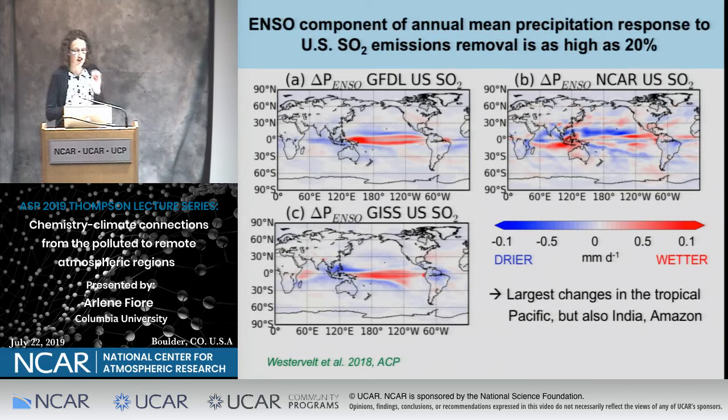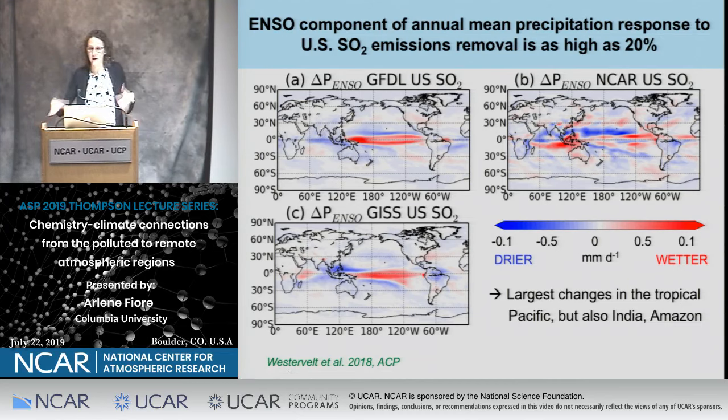This is just that component that's isolated to the change in the ENSO index when we zero out US SO2 emissions. It's a little bit washed out, but there seems to be in the models this kind of drying over the Amazon and a little bit over India as well. It's a little faded out here, but this model shows it a bit too.